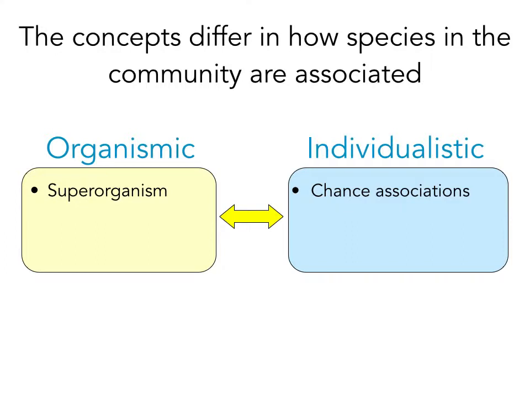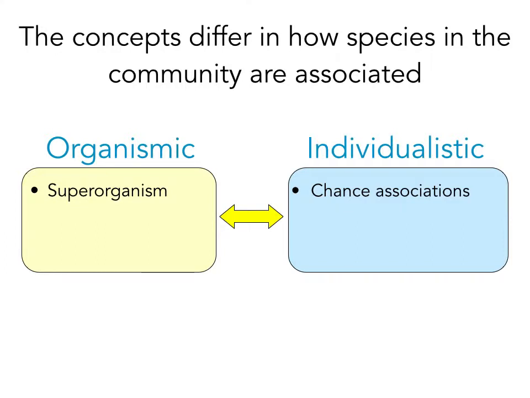That is, the species within the community were very interdependent and associated with one another in very cohesive ways. On the other hand, Gleason argued that no, what associations we see in ecological communities are simply there due to chance alone.